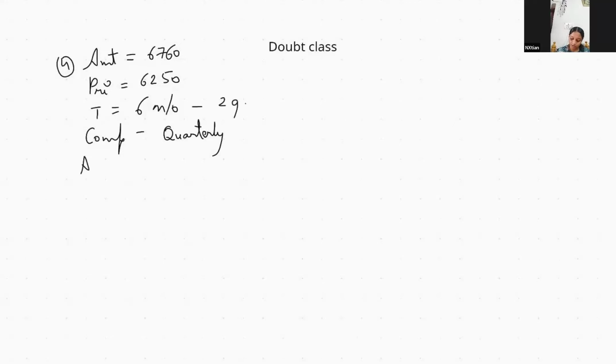So let's put the amount formula. Amount equals principal into 1 plus r by 4 by 100, whole power 4n. So amount is how much? 6760.